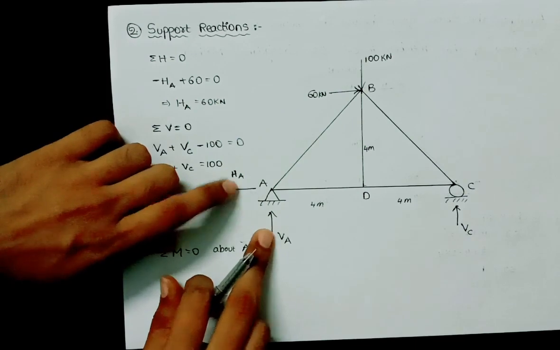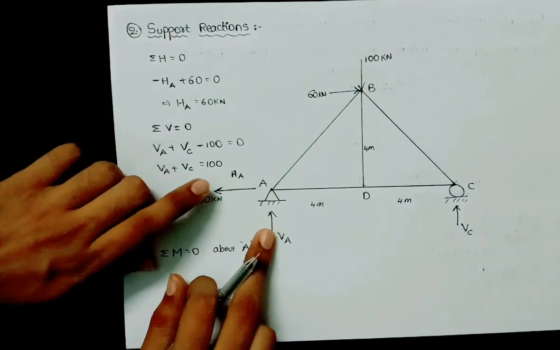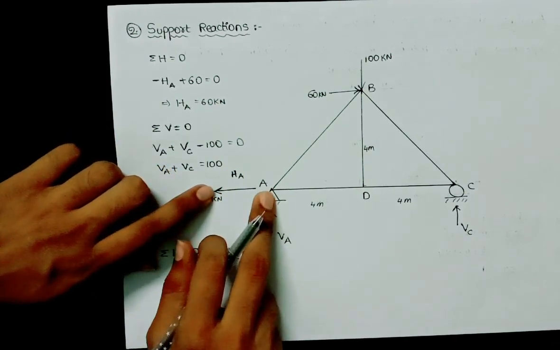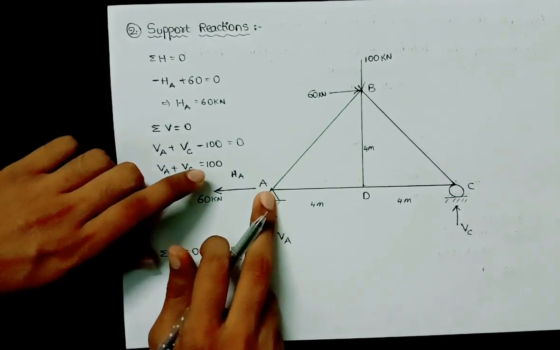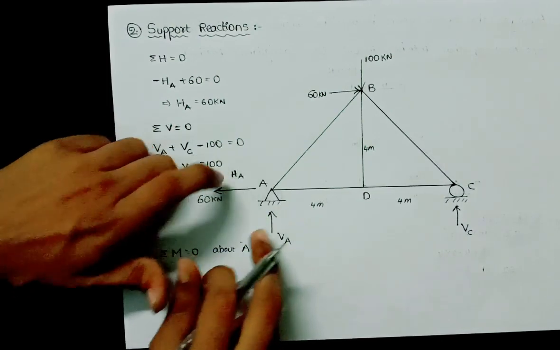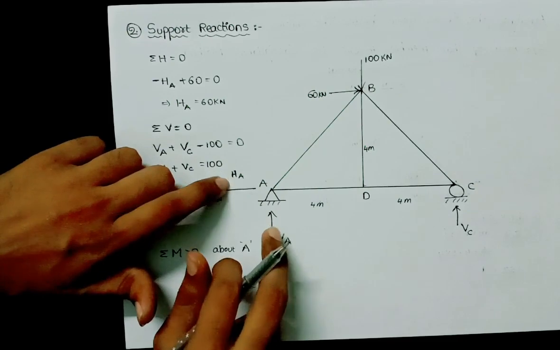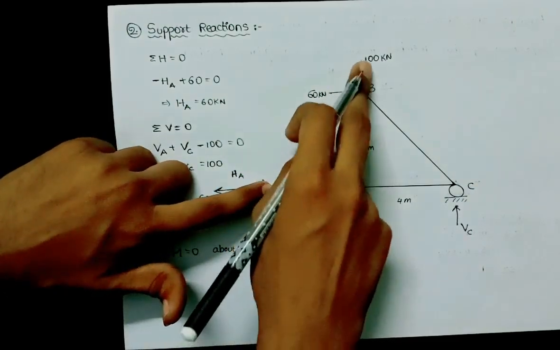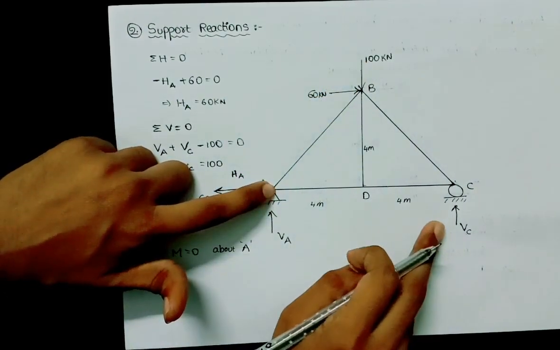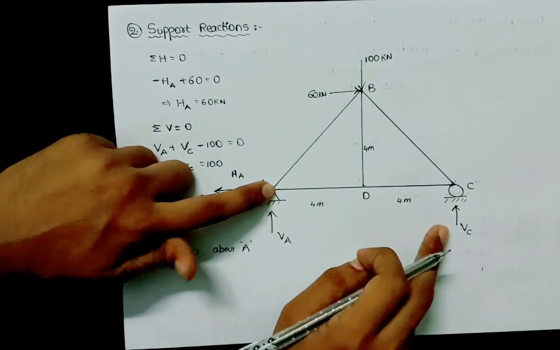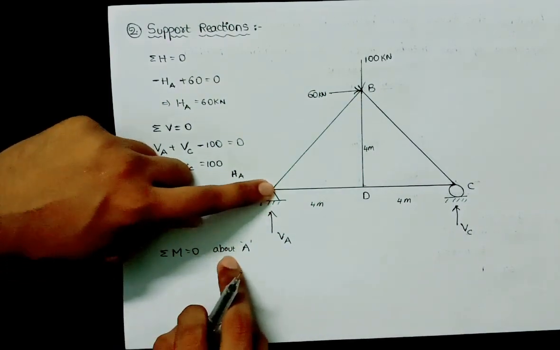These reactions don't produce any moment, since they are acting at point A and we are considering the moment also at point A. So we need not consider these reactions. The remaining are these two loads and one reaction. So we will start with this reaction, sigma M equal to 0 about A.